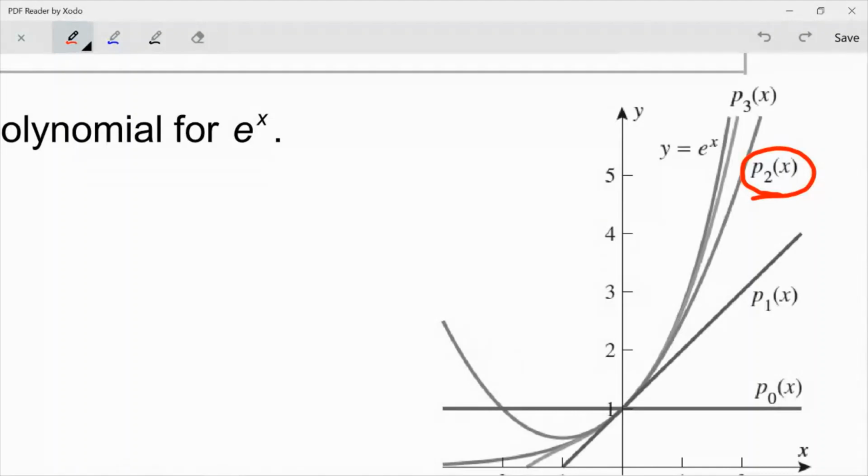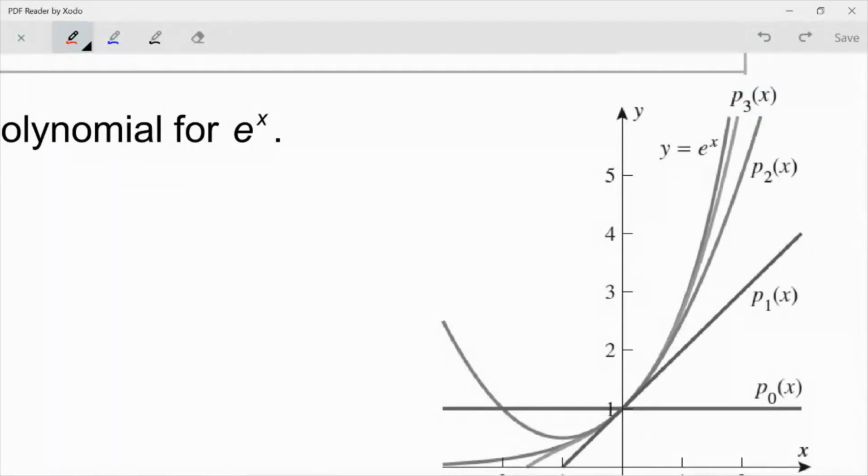So our second order polynomial is now starting to have the same kind of curve that an exponential function has, but you can see it's still not increasing as fast as my e to the x curve is. So we can keep getting higher and higher degrees. Here's a third degree polynomial, and you can see now we're starting to get closer to what e to the x looks like. And the higher degree that we get, the more accurate this model is going to become.